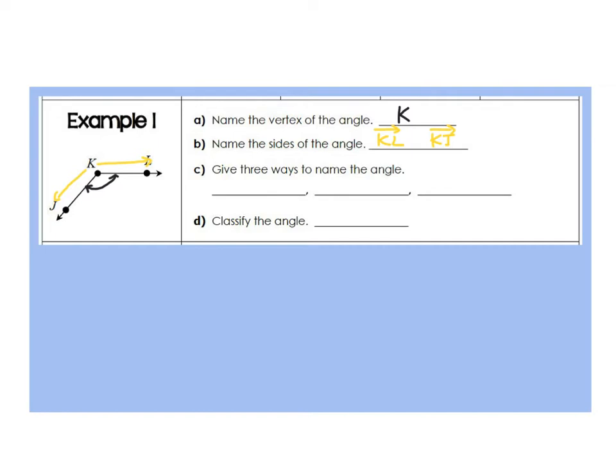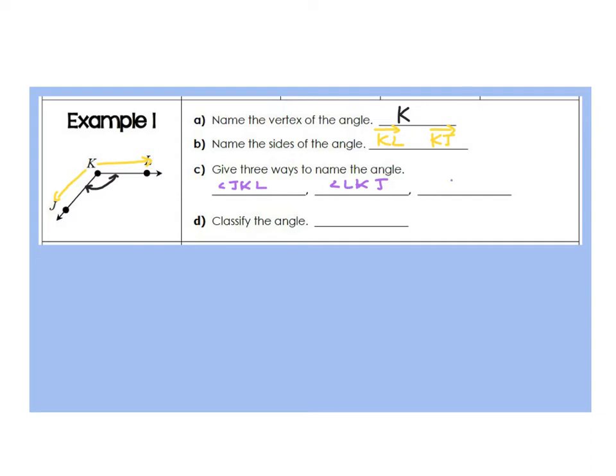Okay? Now it says give 3 ways to name the angle. Again, the order is very important. So we have angle JKL. We have angle LKJ. Notice that for both of these, I'm putting the K in the middle. Really important that we keep the K in the middle because that is the middle letter in this angle.